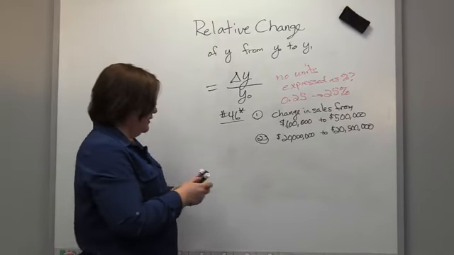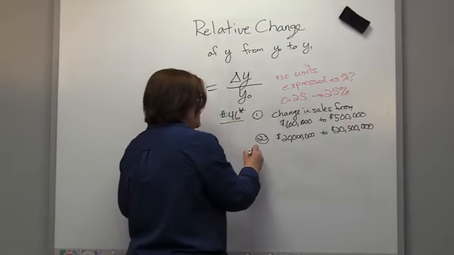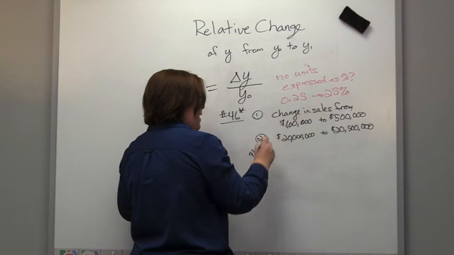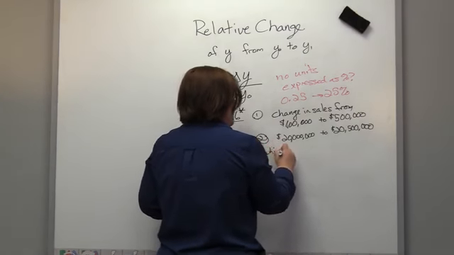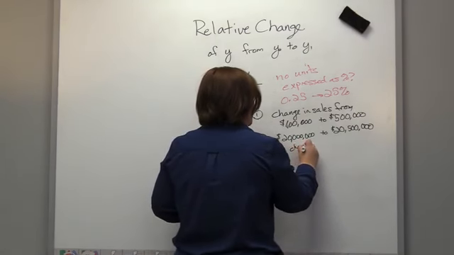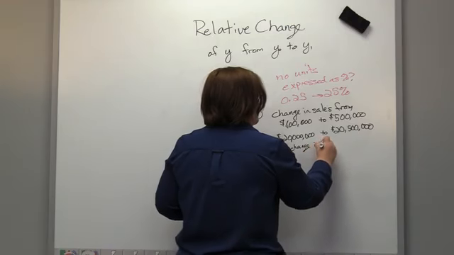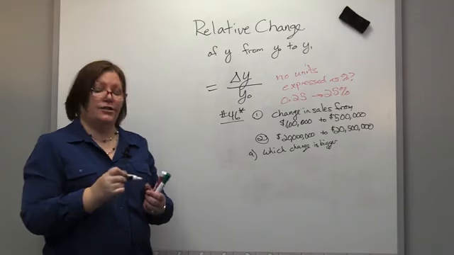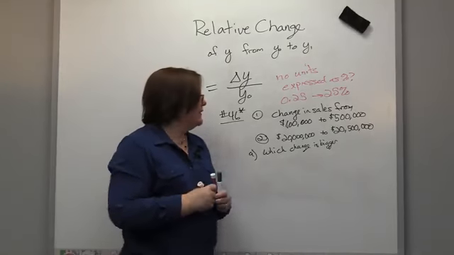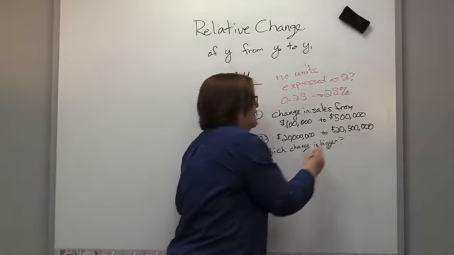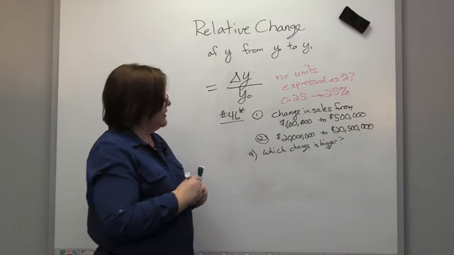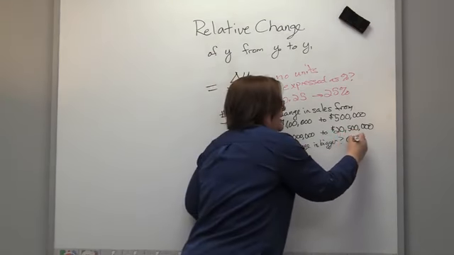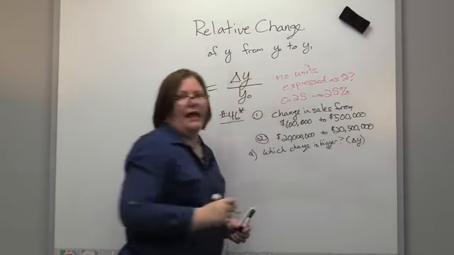And if you look at part A, part of the question is which change is bigger? They actually ask what are the changes, and then they ask which is bigger. What this is asking is we're looking at just the change in the values.